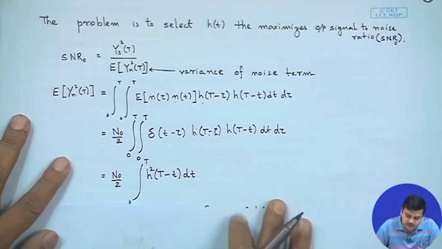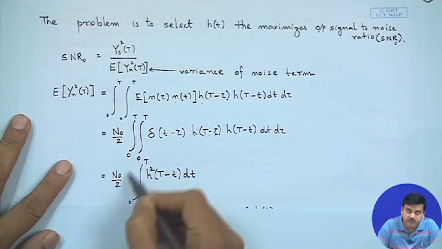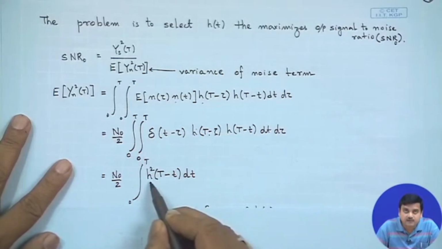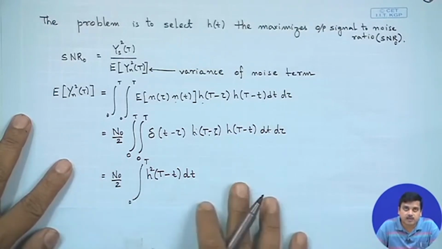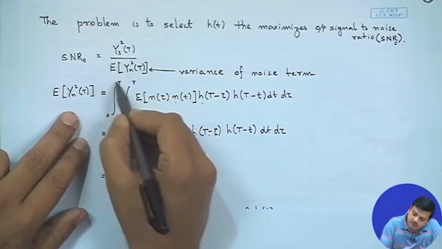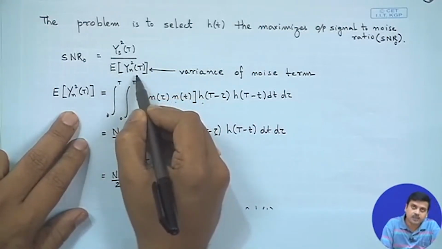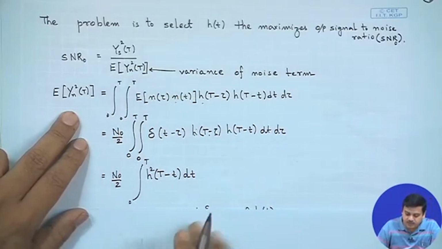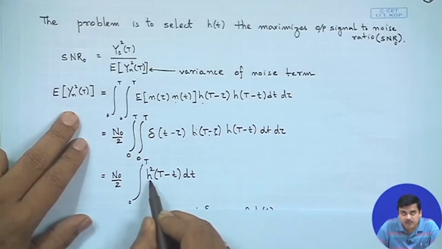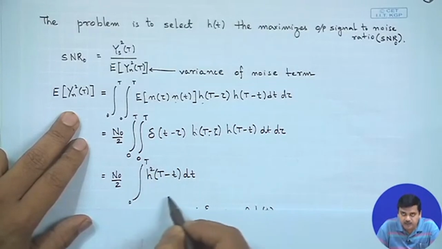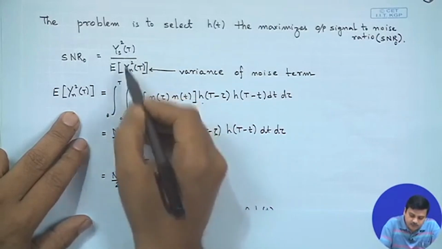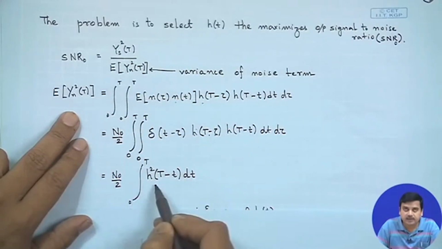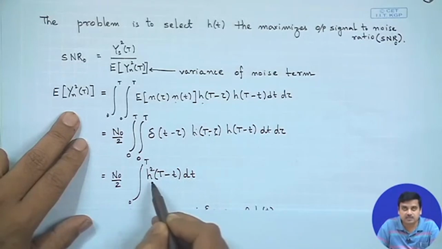This portion within the integral is the energy of the filter impulse response scaled by a certain factor. So, what we see is that the denominator term is the energy term, which does not depend upon the structure of H, but on the total energy contained by H. If you maintain constant energy on H, this H is not the modulation index that we had used in FSK, so do not get confused.